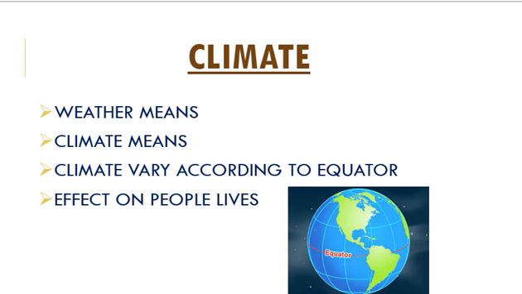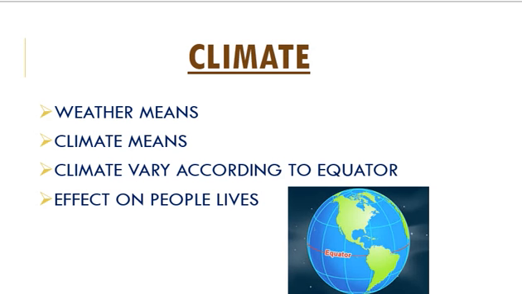So after that, our next point is that climate varies according to the equator as well. The climate of a place can be very hot as on the equator, very cold as near the poles, or temperate. Temperate means not too hot or too cold.